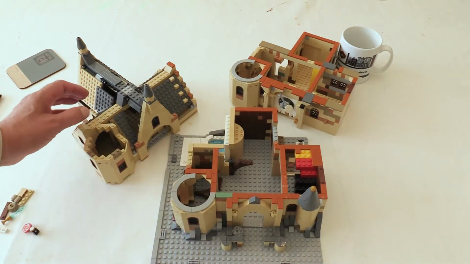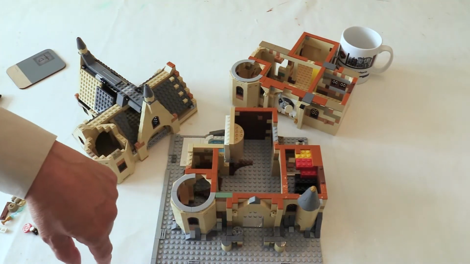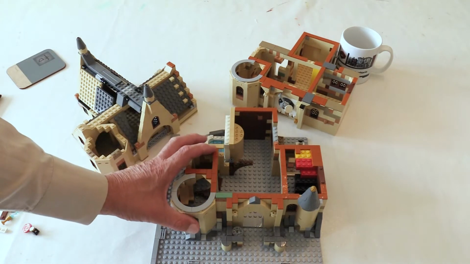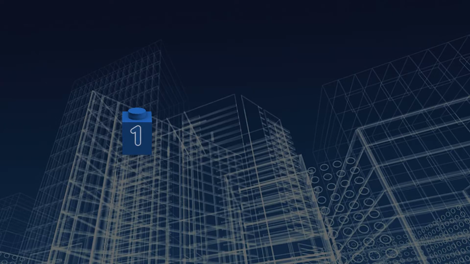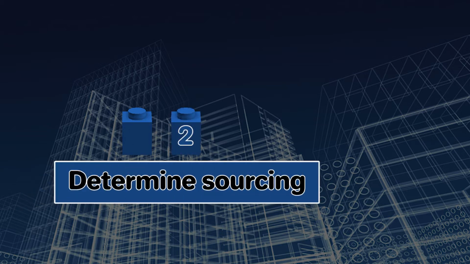In my series on building a MOC, I explained the 5 steps that I use to handle the whole procurement process for obtaining the parts that I need. Number 1 is create a parts list, which tells me what I need. Number 2, work out the sourcing, or where to get what I need.